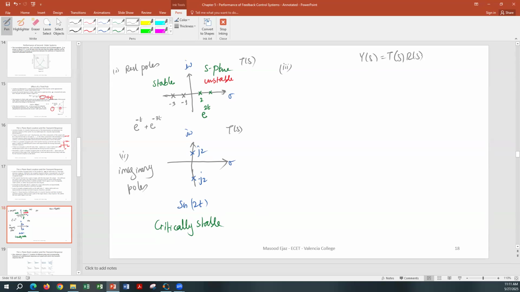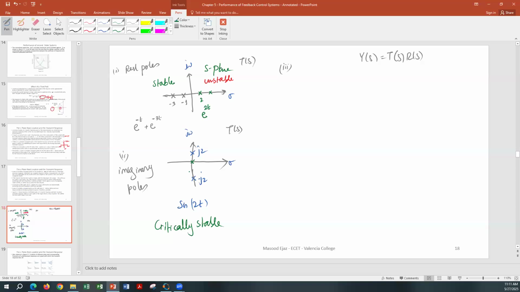Now if R(s) also produces poles at the same point on the y-axis, in that case your output is going to become unstable. But if your R(s) is a step function, where is the pole going to be? It is going to be 1 over s. So the step function is going to produce a pole at s equal to 0 right here.